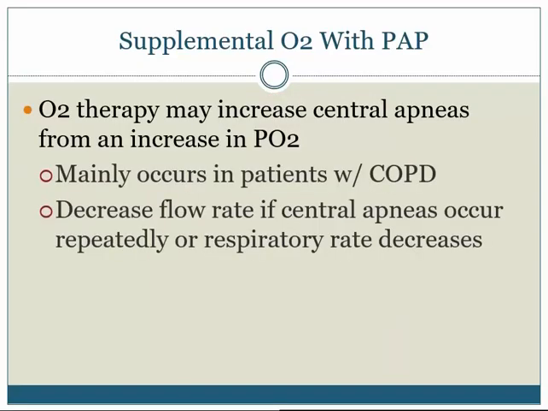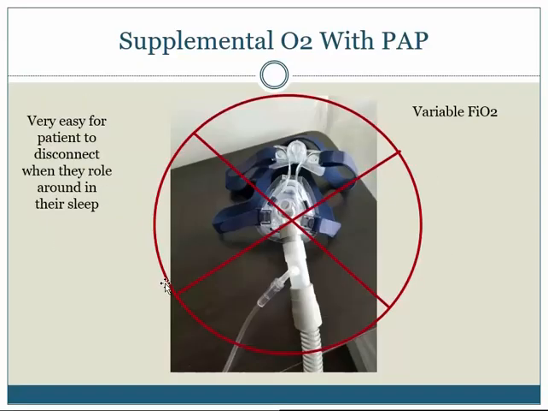Again, you don't want to connect the T-piece to the mask because you're delivering a much more variable FiO2, and the patient could easily take a hard turn, disconnect that, and you wouldn't really have any idea. It's not like the cameras we use are so high quality you can zoom right in.